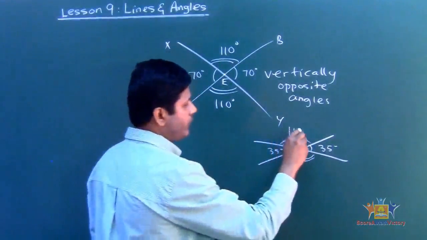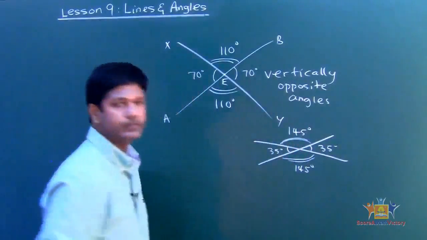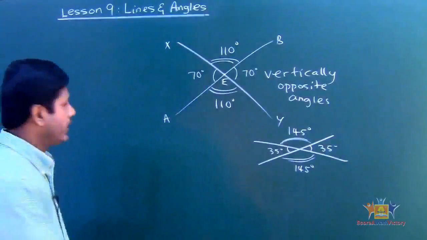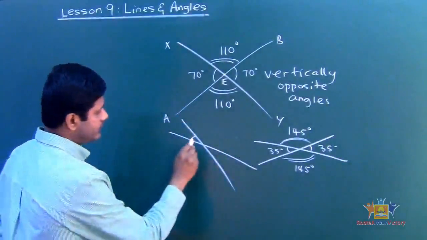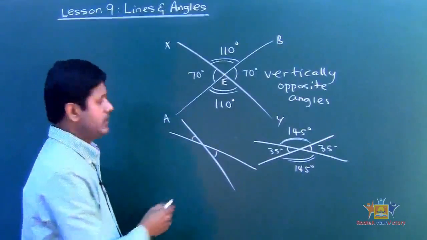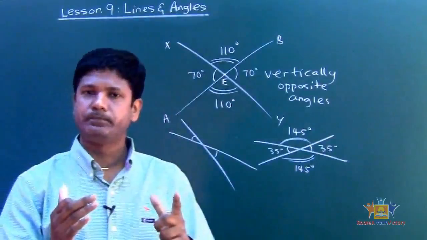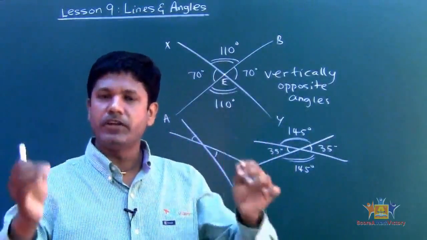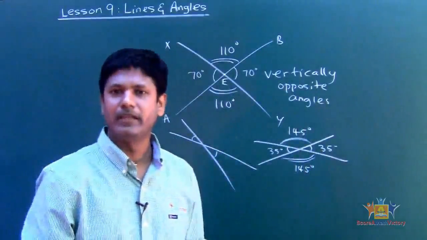This will be 145 degrees. What would this be? 145 degrees. I can give you any type. What about this and this? Yes. Once two straight lines intercept, the vertically opposite angles are identical. That's it.